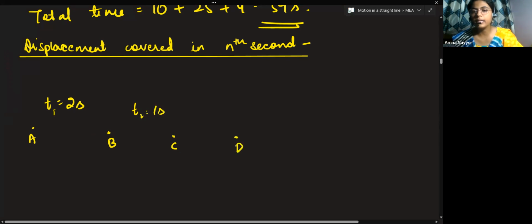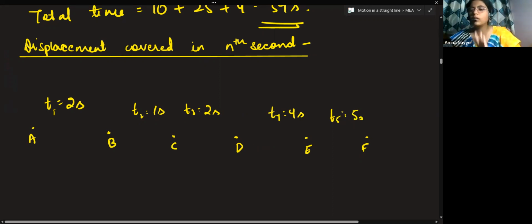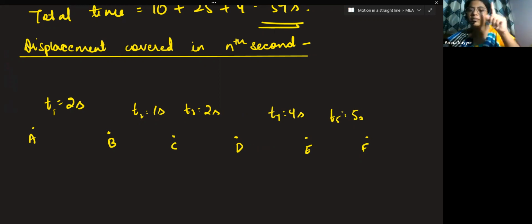Then it reached point D in 2 seconds. Then it reached one more point, E, taking 4 seconds, and then the final point F in 5 seconds. These are the time intervals: A to B, 2 seconds; B to C, 1 second; C to D, 2 seconds; D to E, 4 seconds; E to F, 5 seconds.